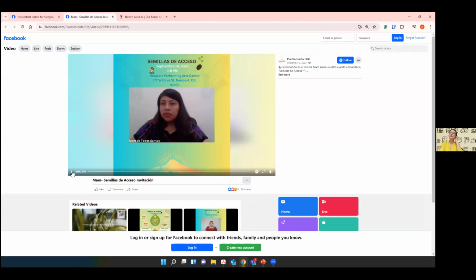This was a project, Semillas de Acceso, where a community had requested services of the organization, and this was an announcement about a big community gathering. At the gathering, I found out they had marimba, which is a particularly beloved instrument in the Mayan communities that I know of, and this is in Mam.